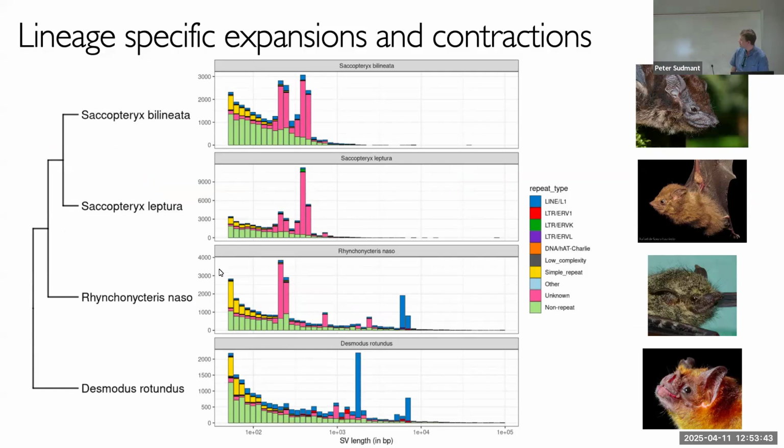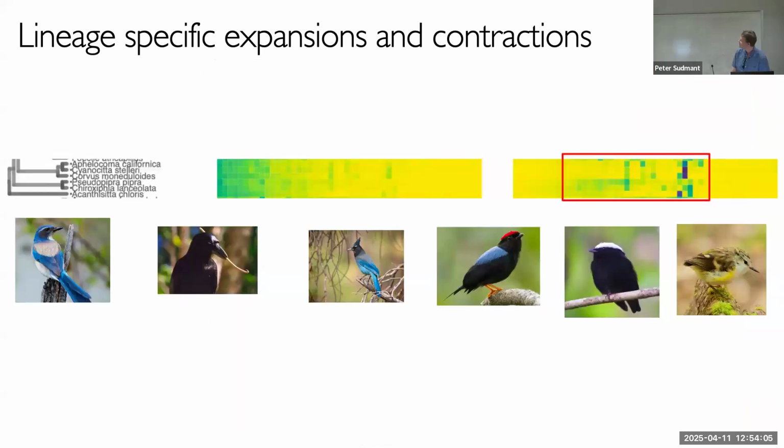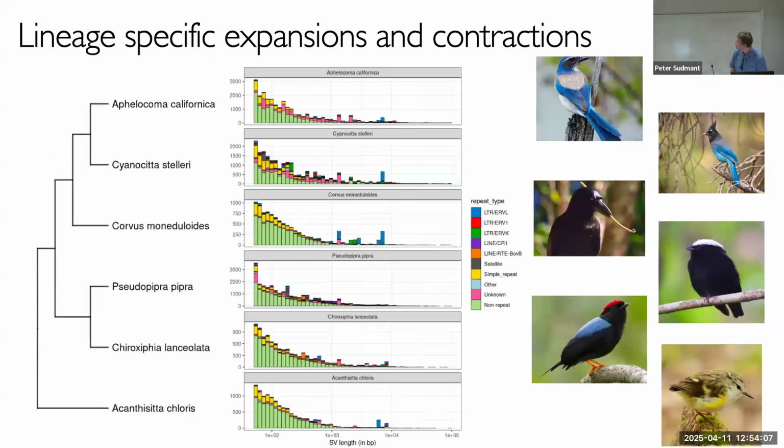But in these subclades, that line 1 element was silenced and turned off, because you don't see any more. In turn, this unknown element got turned on. It's probably some sort of sign element and has gone crazy and been co-opted in these other bats. Here's another case in these really beautiful jays.